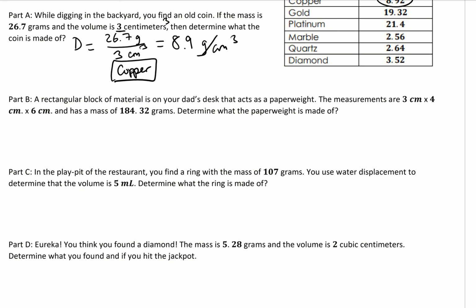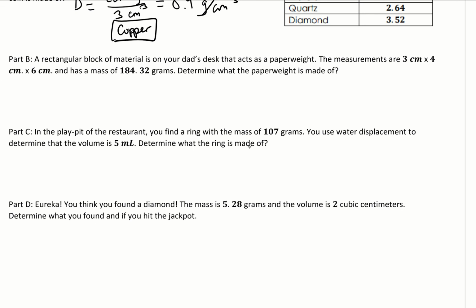All right, so part B, a rectangular block of material is on your dad's desk that acts as a paperweight. The measurements are 3 by 4 by 6 and it has a mass of that. So let's calculate the density. Now the volume is 3 times 4 times 6, right? So our mass is 184.32 grams divided by the volume, which is 3 by 4 by 6 centimeters cubed. So go ahead and divide those.